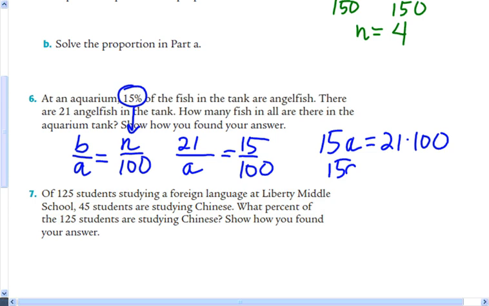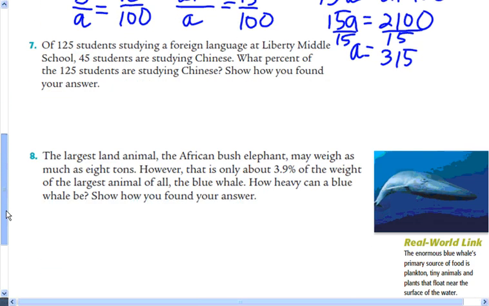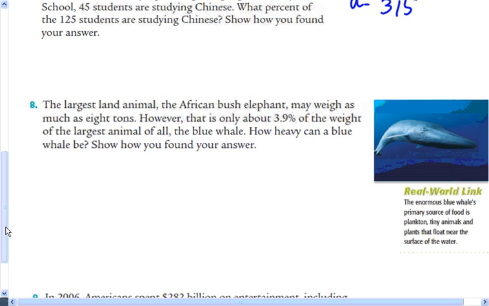So 15 times A is equal to 2100. So A is equal to 2100 divided by 15, which is 315, so there's 315 fish in the tank. All right, let's skip down a little bit here. We'll do number 7, class.